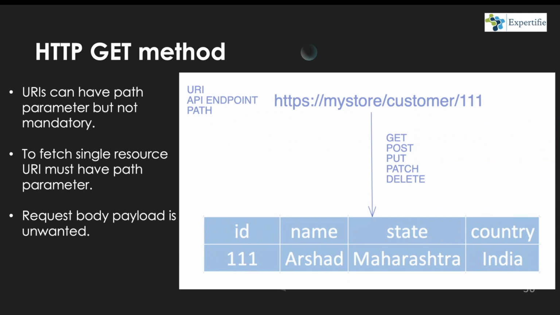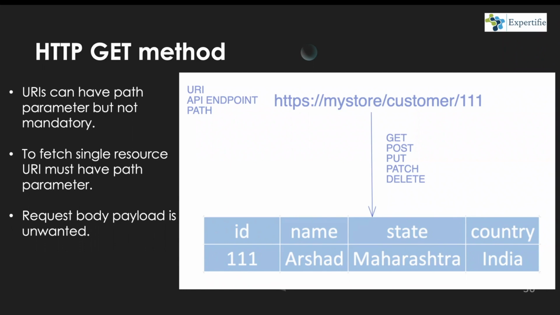You can always have a path parameter. Let's say you want to view a particular resource, like customer ID 111; then the path parameter is compulsory. But if you want to view all the customers, then the path parameter is not required at all. And obviously we don't require a request body, right?